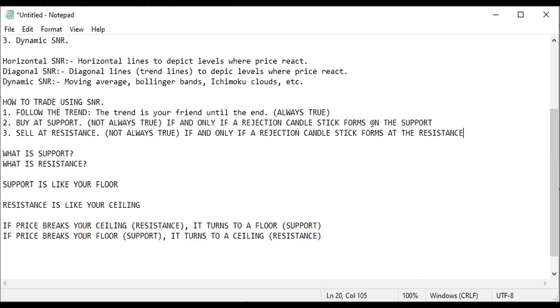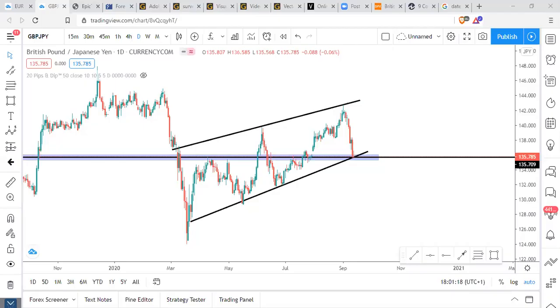If I see a hammer plus a doji on the support, I'm definitely going to buy that market. If I see hanging man and doji at resistance, I'm definitely going to sell that market. So just go back and read your candlestick bible. That candlestick map is very, very helpful.